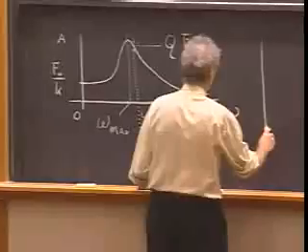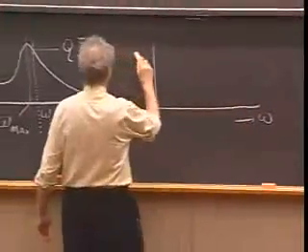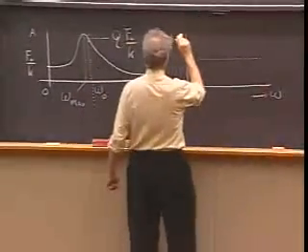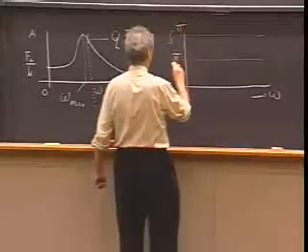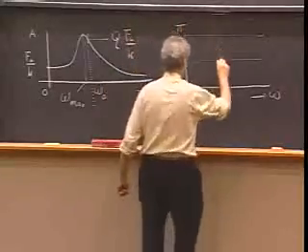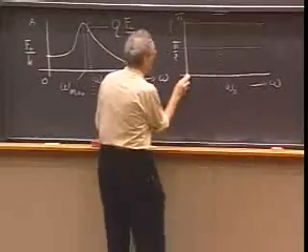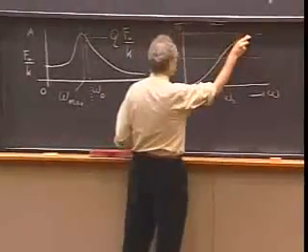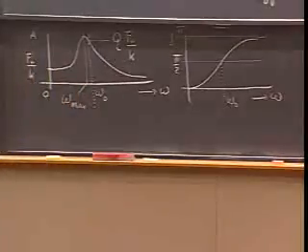The delta, the phase, as a function of omega, if this is pi, and this is pi over 2, and if this is omega 0, then that delta will change in the following way, which is way harder to imagine than what A is doing.